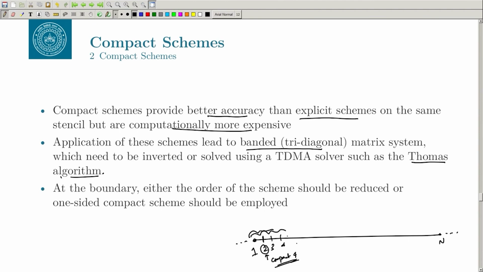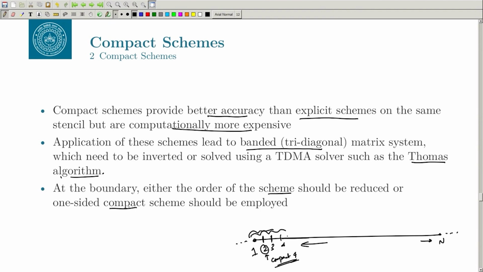But practically speaking, even if you use a one sided compact scheme or you lower the order near the boundary, it does not make much of a difference. A more practical way is that as you come towards the boundary from your internal points, you decrease the order. So you might want to use 4th order here, 6th order here, and at other places the 8th order scheme. So, reduce the order of the scheme or use the one sided compact scheme.